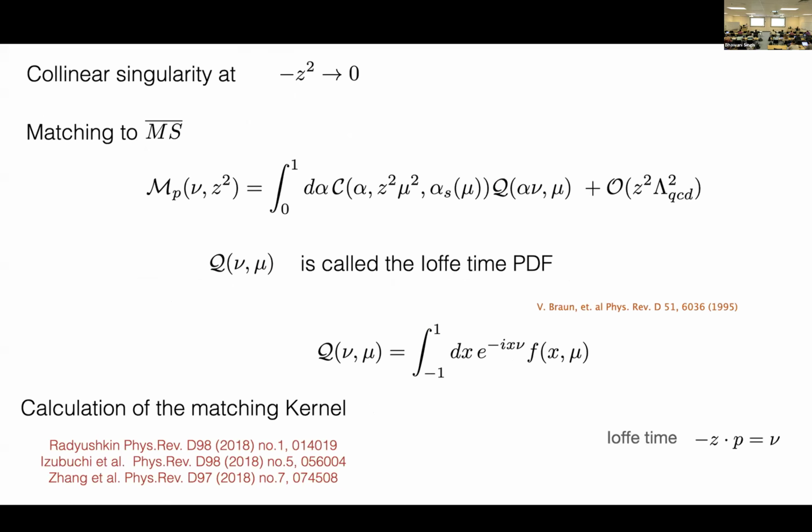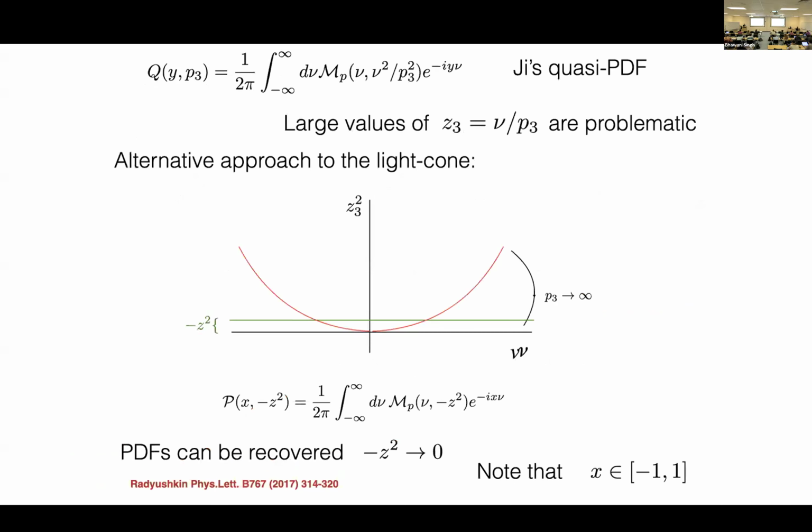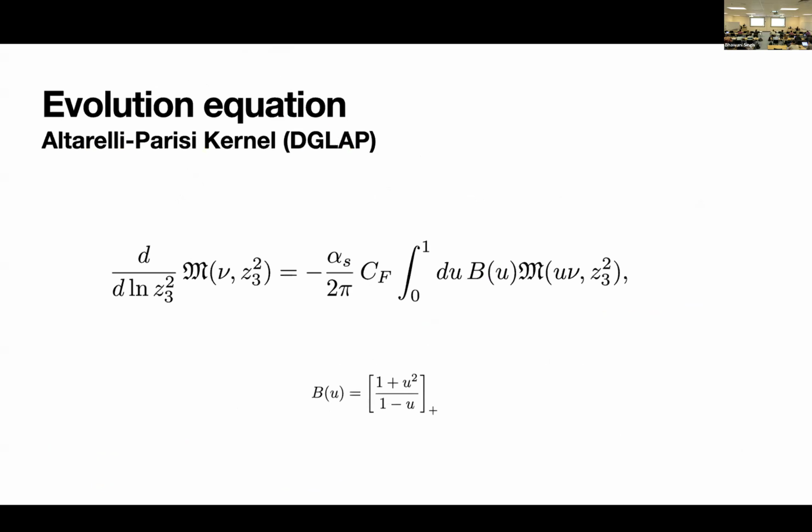If you have normalized PDFs in the MS bar scheme at a particular scale mu, their dependence on the scale mu is computable in perturbation theory, and this is known. And this result goes by this name of DGLAP evolution, which can be written.